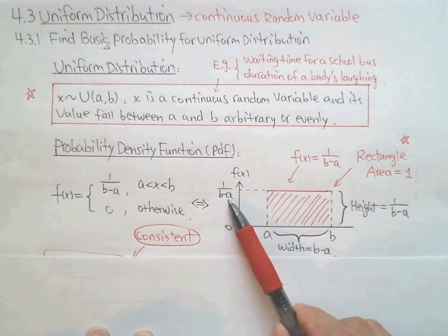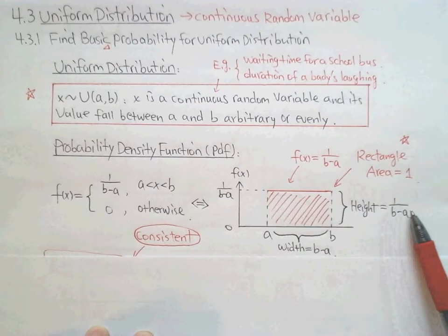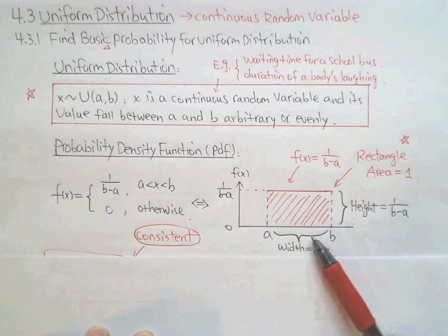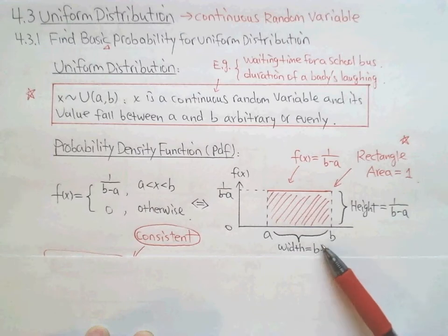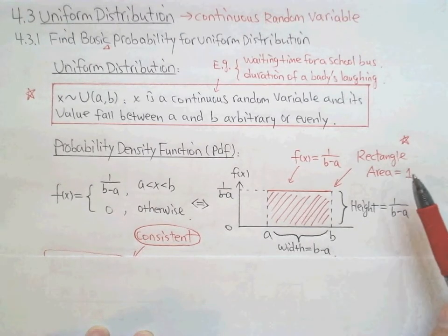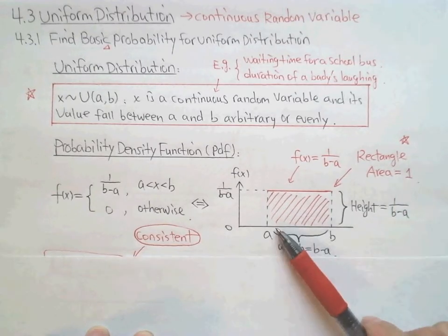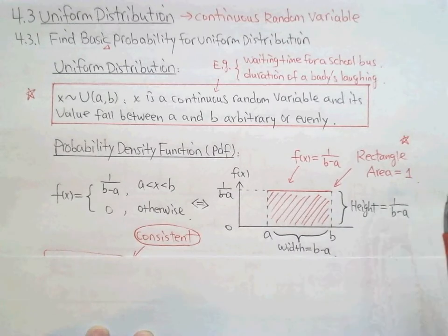Now the calculation: the width b minus a times the height 1 over b minus a. It is the reciprocal of this number, right? These two numbers multiplied together definitely give 1. So this is very important. For the density function, we can draw a rectangle with an area of 1 to describe it.